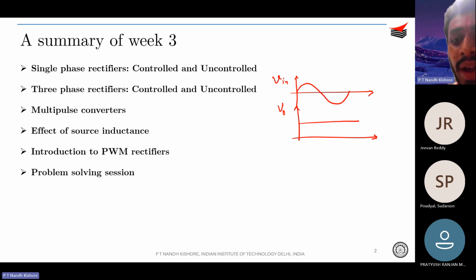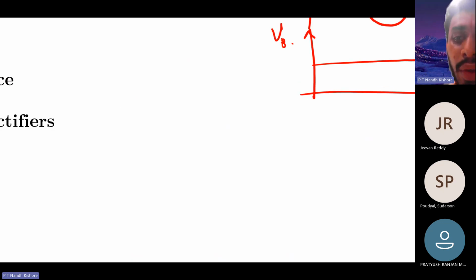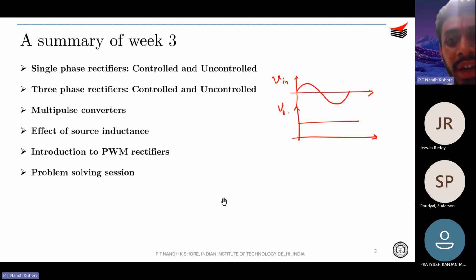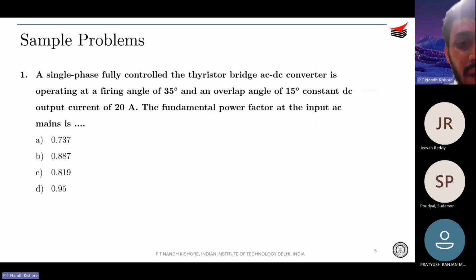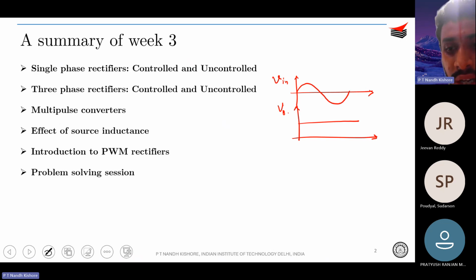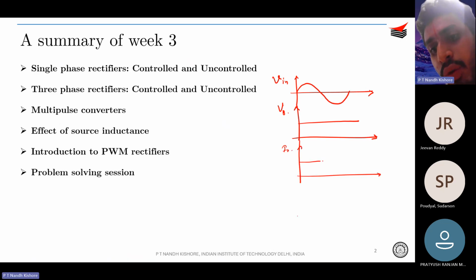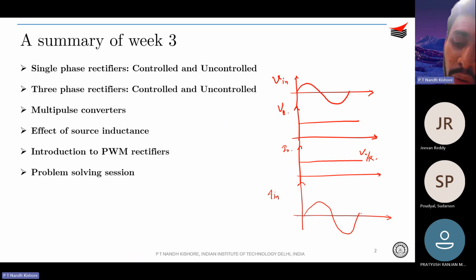At the same time, of course, you know that if you have a resistor as the load, the output current is going to be something like this, that's going to be V naught by R. Now the point is you want your I in to be something like this. So this is the perfect scenario for rectification.